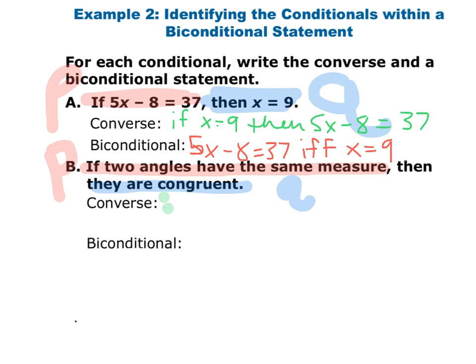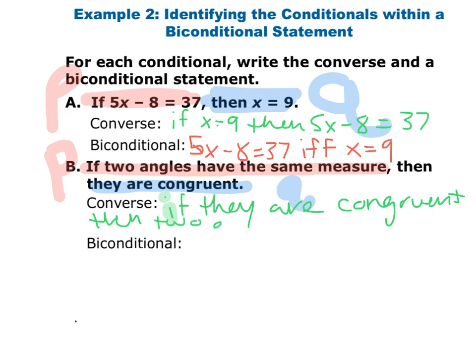If they are congruent, then two angles have the same measure.